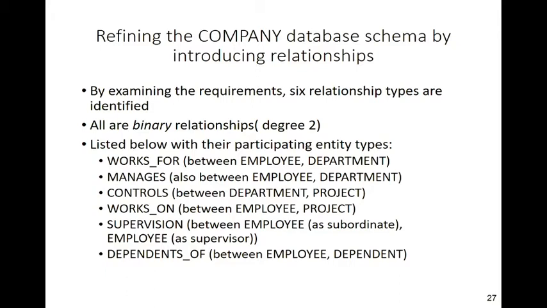I would argue that this would not necessarily be a binary relationship because you see employee in both places. So I would argue that they are wrong in that, but I'm not perfect either.